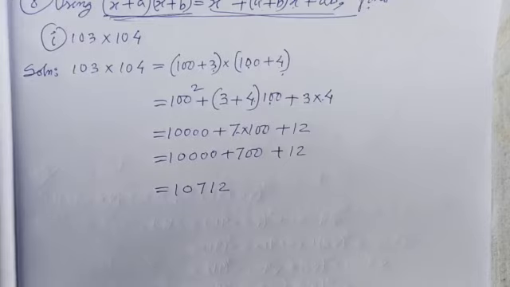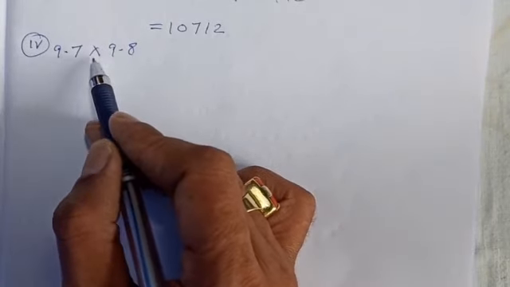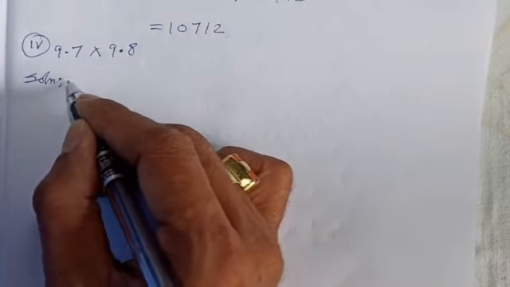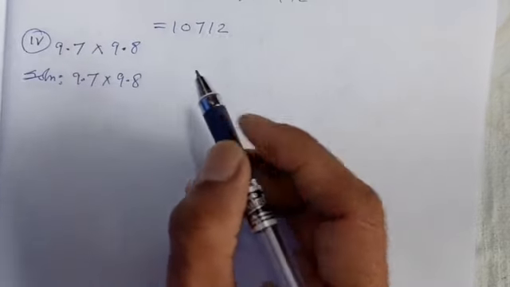Now Roman number 4, 9.7 into 9.8. Solution. 9.7 into 9.8. We have to use this identity.